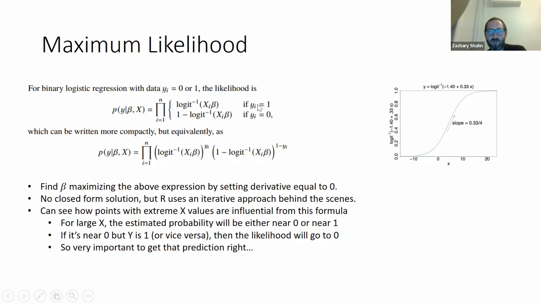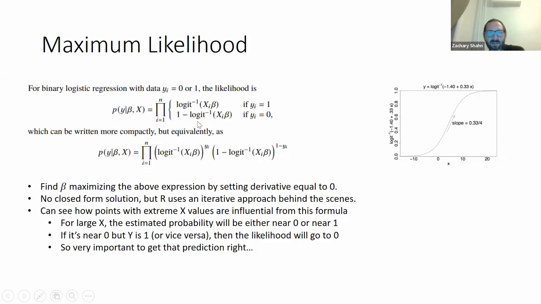If the outcome was equal to 1, it's the probability that it was equal to 1 under the model. That's what the model says is the probability that y is equal to 1. It's logit inverse of xi beta, just that linear function of x or beta. And if y is equal to 0, then the likelihood of that under the model is 1 minus the probability that y equals 1 given x, according to the model.